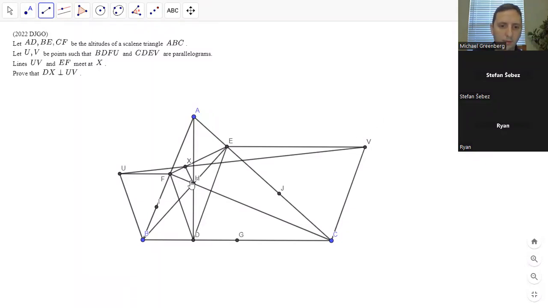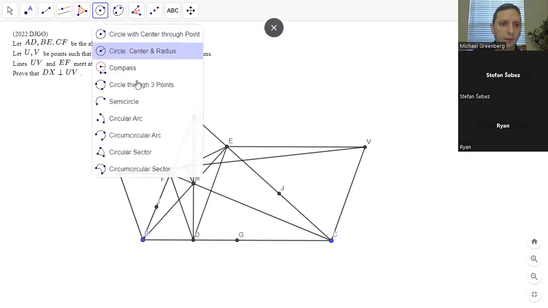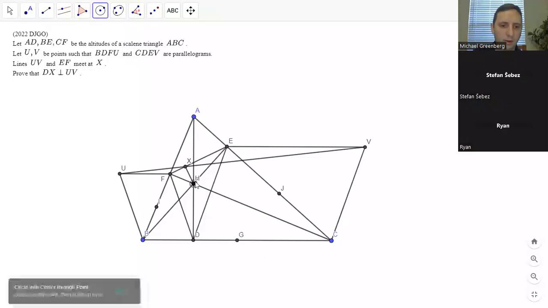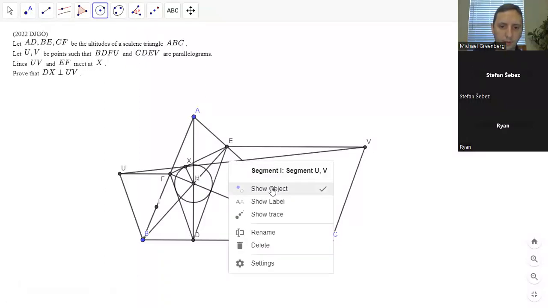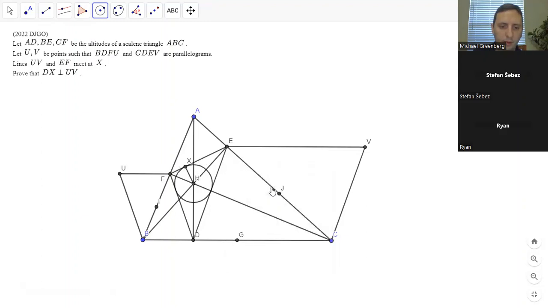So H is the incenter. So that's like saying that that's the foot of the incircle. So maybe we could let X be the foot of the incircle. And then we want to show that U, X, and V are collinear. And that might just be ratios.